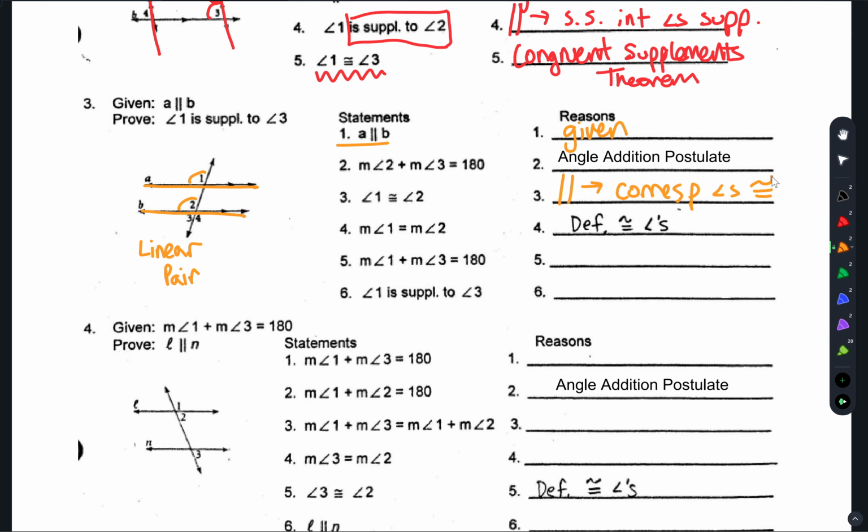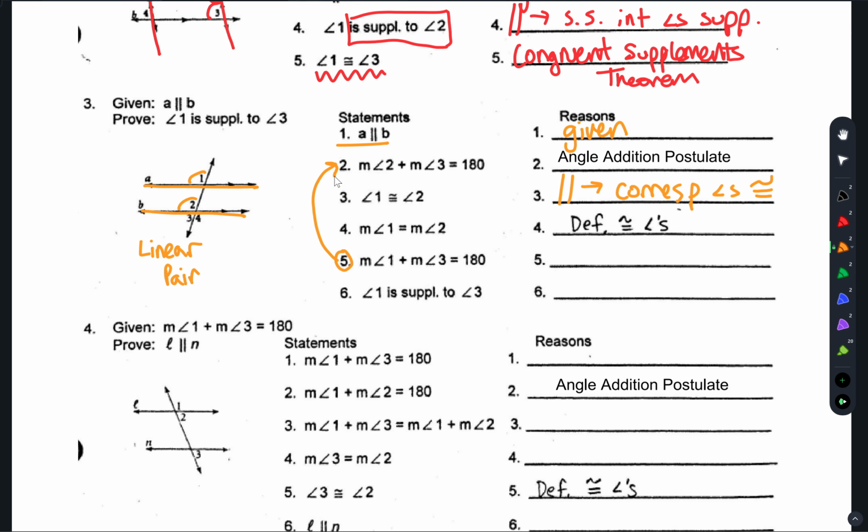5, however, it says angle 1 and angle 3 add together to get 180. How do I know that? Any ideas? Have we seen a statement similar to statement 5 somewhere else in our proof? Where is that? What line? Line 2.